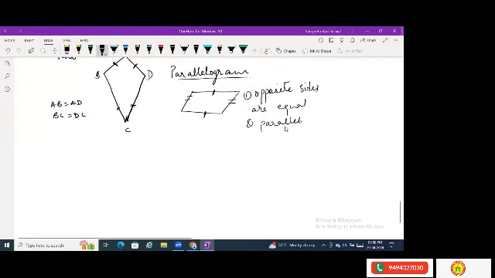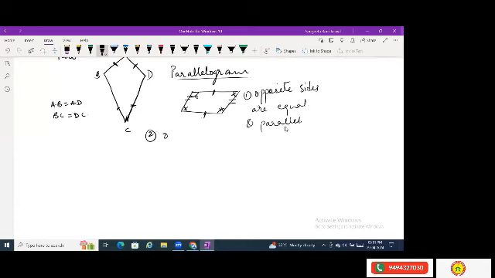The next property about the quadrilateral is that opposite angles of a parallelogram are of equal measure. Now opposite angles. If I take this angle, its opposite angle is this one. So opposite angles are of equal measure. This angle will be equal to this one. And opposite angle of this is this angle. Okay, so these two will be equal, right?